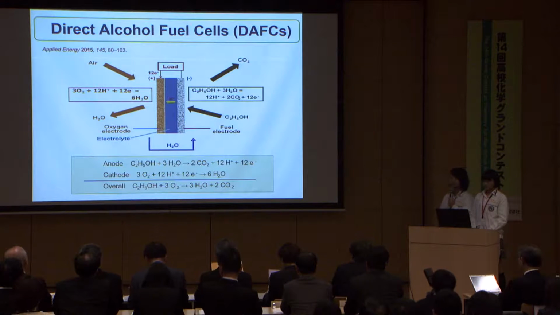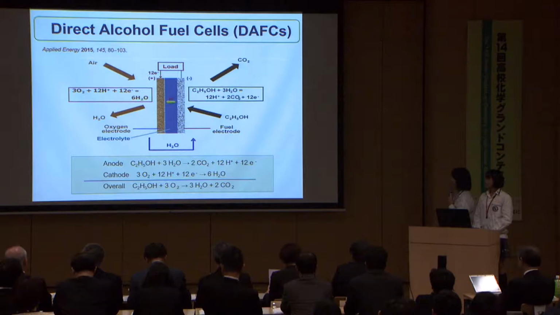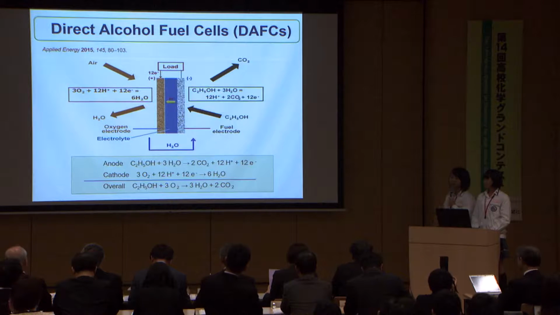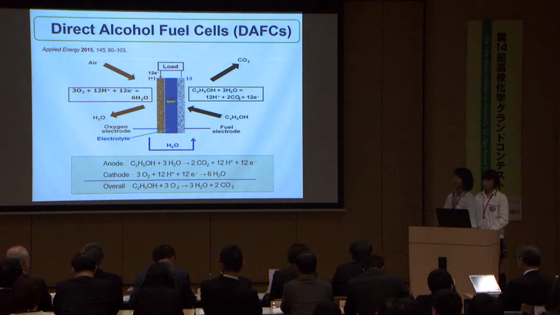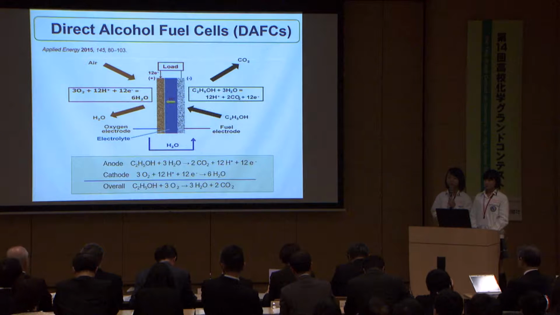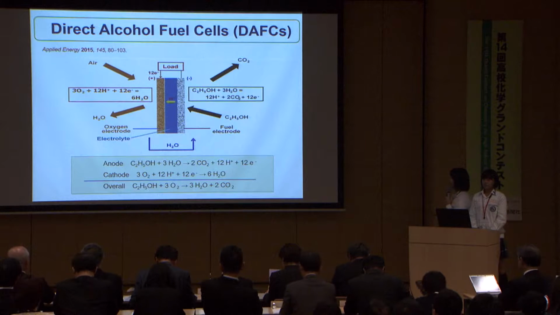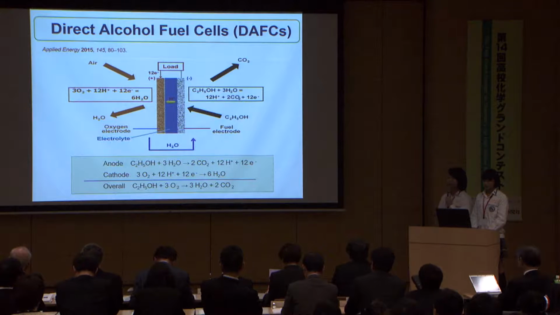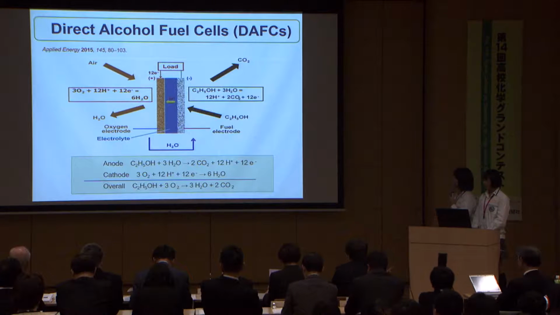Protons are transported through the proton exchange membrane to the cathode, where they react with oxygen to produce water. Electrons are transported through an external circuit from anode to cathode, converting chemical energy into electrical energy efficiently.